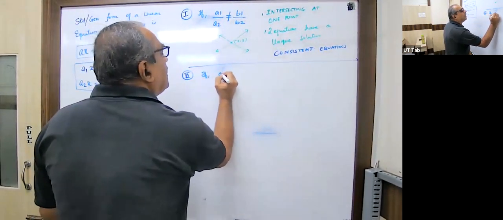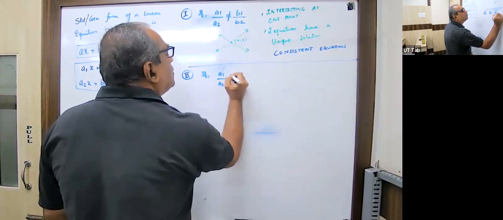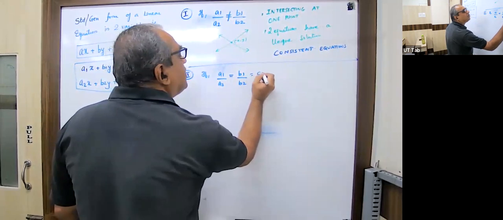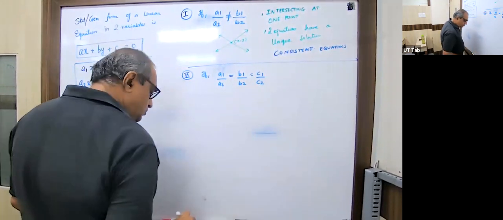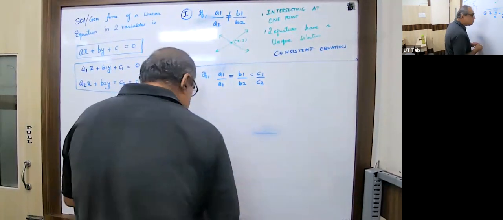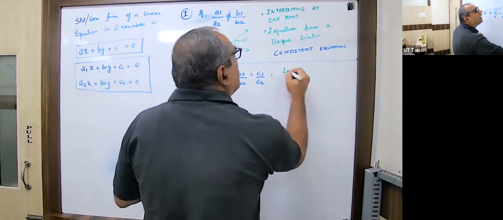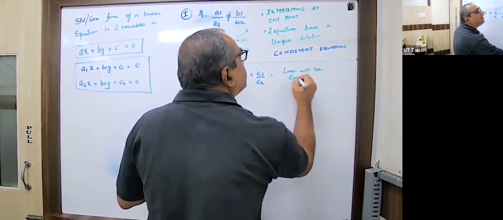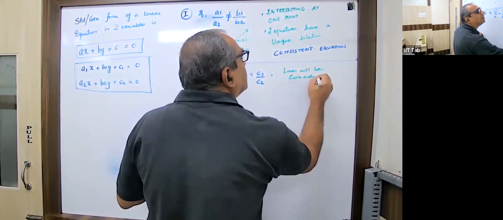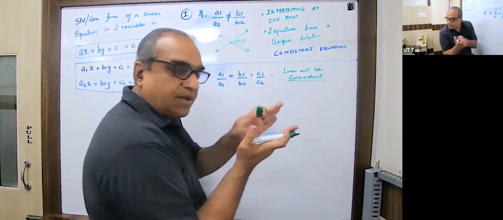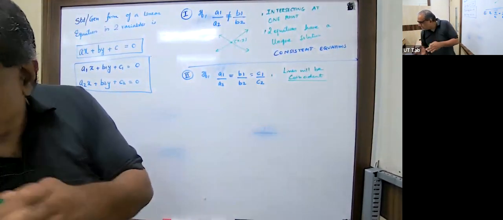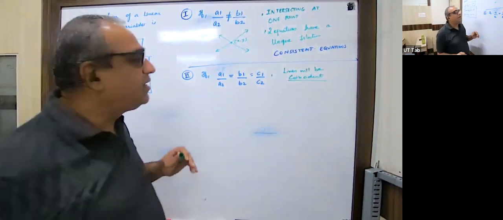Second, if a1 upon a2 is equal to b1 upon b2 is equal to c1 upon c2, lines will be coincident. एक के ऊपर एक, मुझे एक ही लाइन दिखेगा, मैं दो ग्राफ ड्रॉ करूंगा, ये दोनों एक ही दिखेगा. They will be coincident.